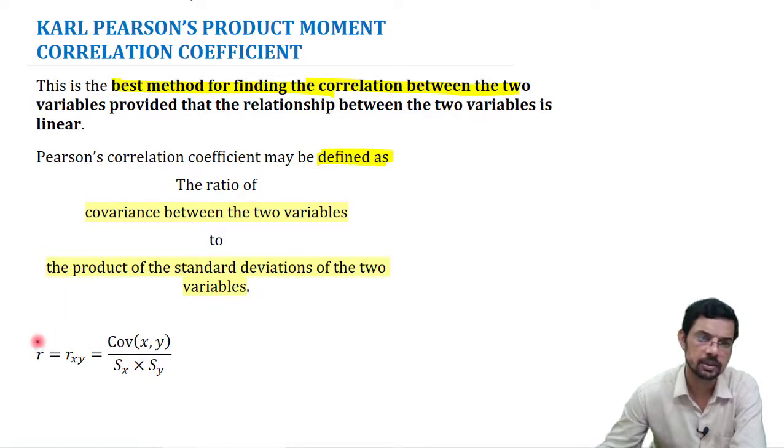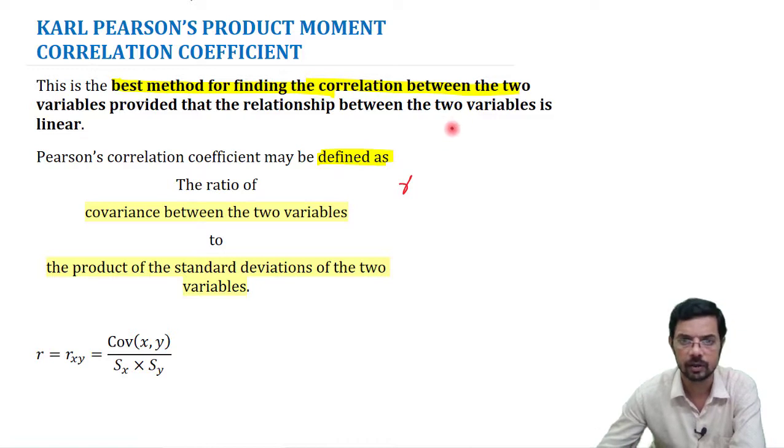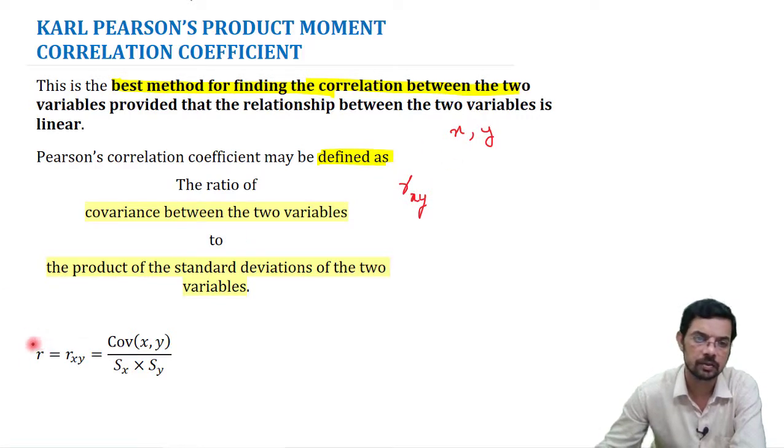Okay, it is denoted by r, or when we are talking about two variables x and y, the correlation coefficient rxy. So, r is equal to, we can also write it as rxy, which is equal to cov of x comma y, that is covariance of x and y, divided by standard deviation of x into standard deviation of y.